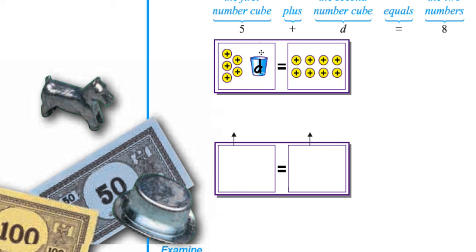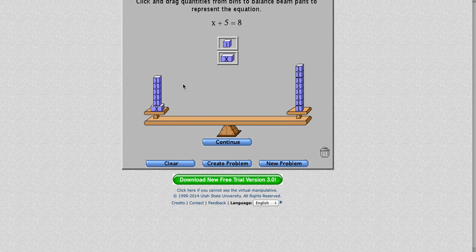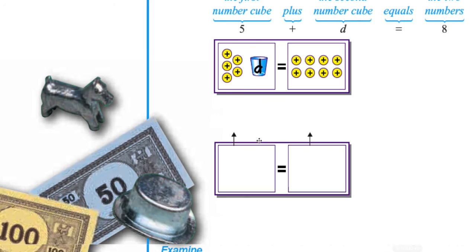So again, going back here, whatever I do to this side of my equation, I need to do to the other side so that it will remain balanced, or it will remain equal. So we have 5 positive counters and our variable, and we have 8 positive counters here.